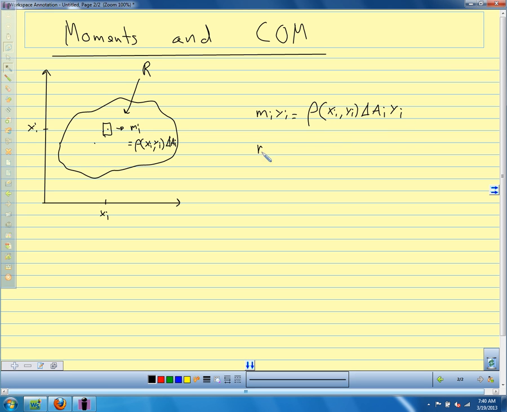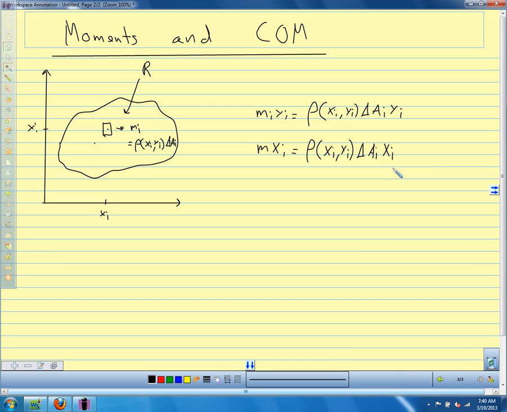And our moment about the y-axis is our density function at that particular location times our area. And we sum these over the region to get our total moment.